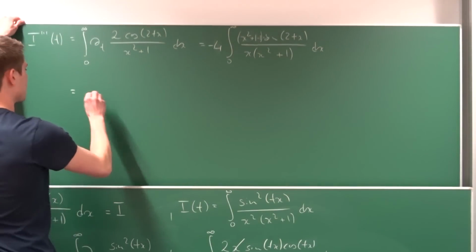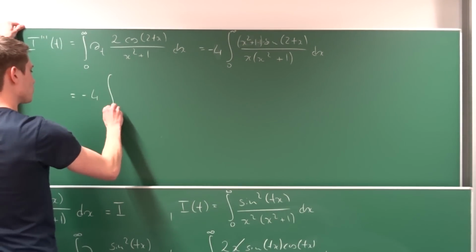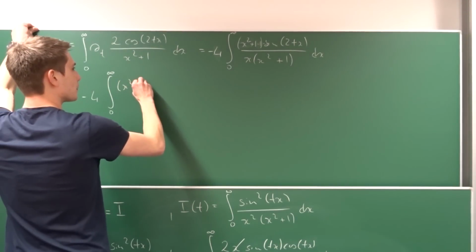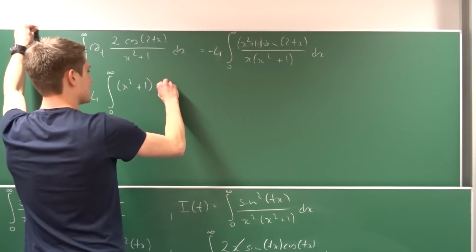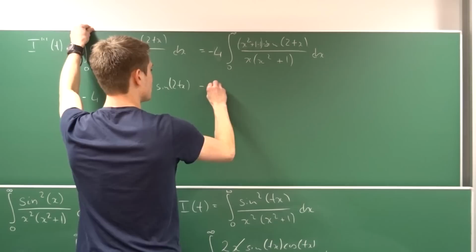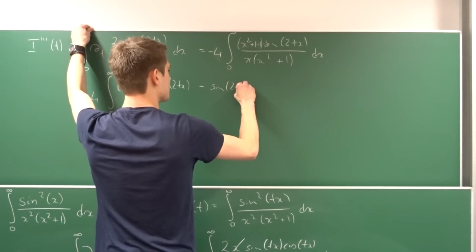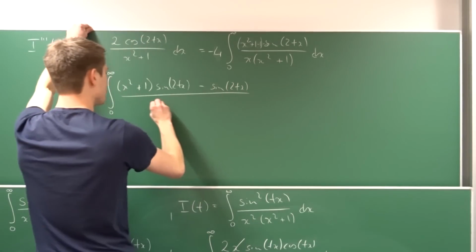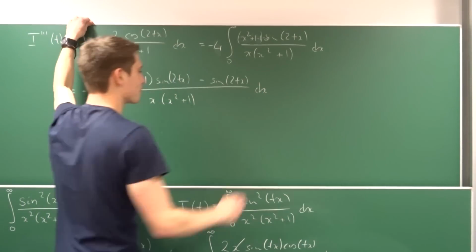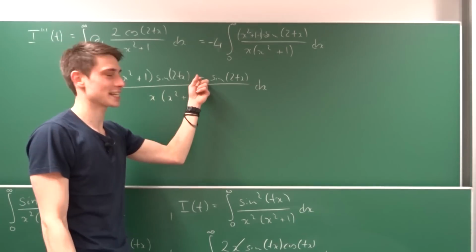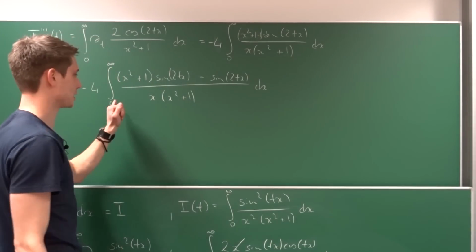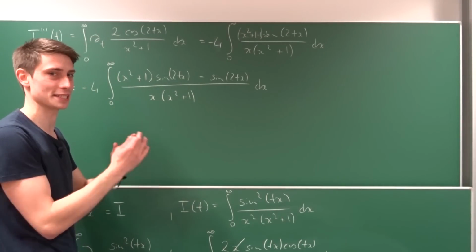So right now, this is minus 4 times the integral from 0 to infinity of, okay, at first we are getting x squared plus 1 times the sine of 2tx, and then minus the sine of 2t times x, and this whole thing over x times x squared plus 1 dx. And we just made this numerator additive, so we can break up this fraction and use the linearity of the integral to make this into 2 integrals.